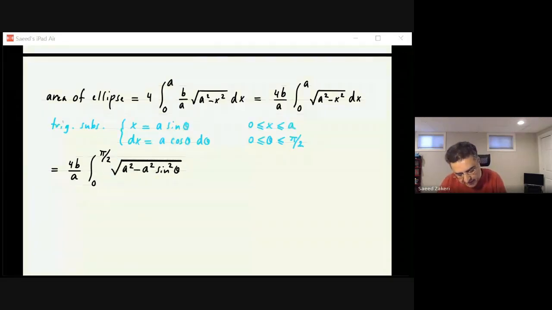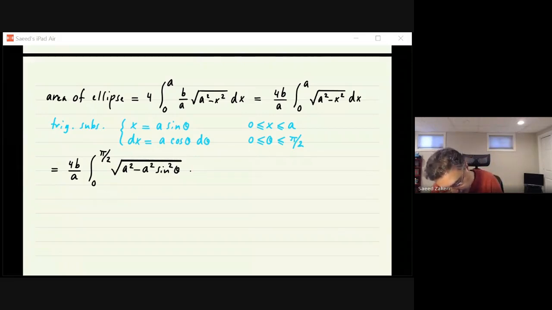So I'm writing it down, but really you can do this all in your head and skip that step, because we know that if we put a sine theta here, this thing will become a squared cosine squared. It comes out of the radical. It will become a cosine theta. But let me write it down. And then I have dx, which is a cosine theta d theta. That's dx.